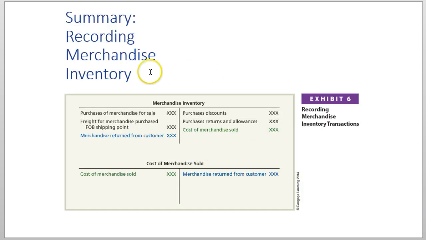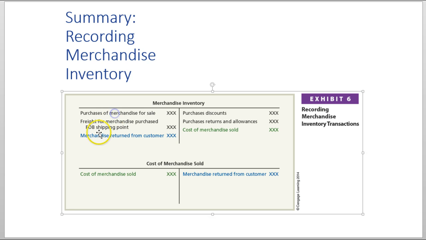And here's a summary of how this works. You purchased the merchandise for sale, and it went into inventory right here. When it was returned from the customer, it came out and went back in here.